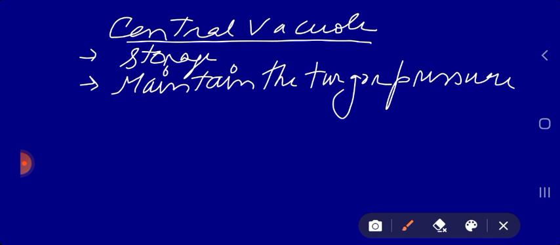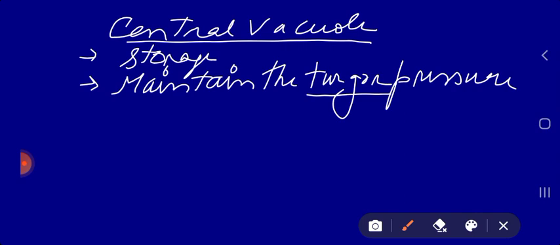Now, what is turgor pressure? Turgor pressure is the force within the cell that pushes the plasma membrane against the cell wall. Again, I repeat, turgor pressure, also called hydrostatic pressure.